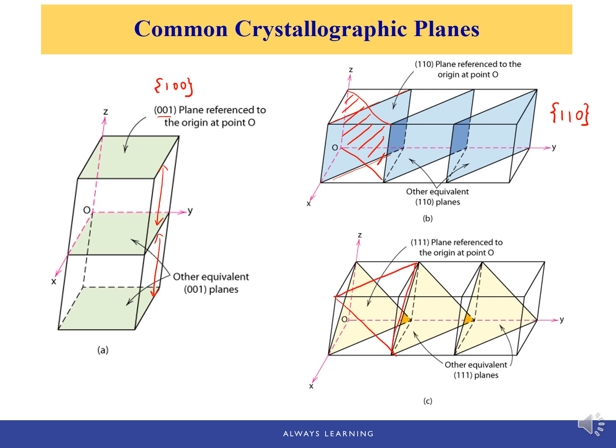This is also a 1, 1, 1 plane, but maybe there's a negative sign in one of the indices, but they belong to the 1, 1, 1 family of planes. So again, you can see planes with the same Miller indices are parallel planes with the same interplanar distances.